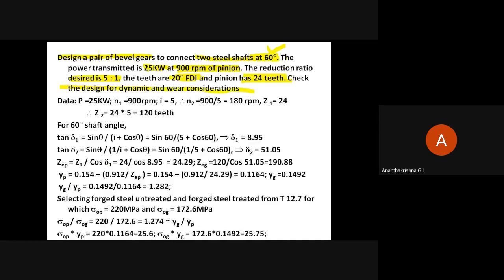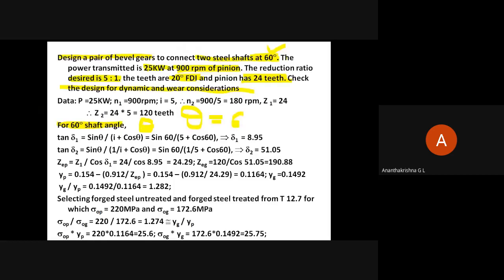That is, design a pair of bevel gears to connect two shafts at 60 degrees. The angle made by the shaft axes is 60 degrees. That is the value of theta, theta is equal to 60 degrees.